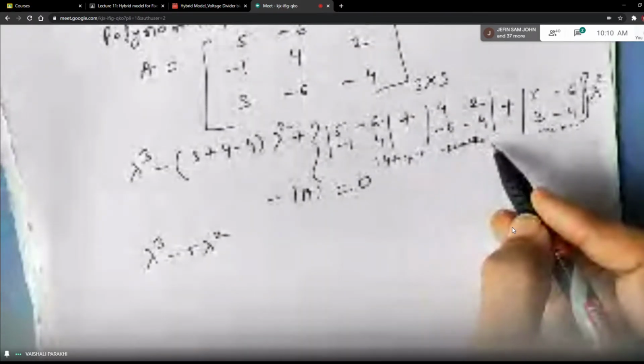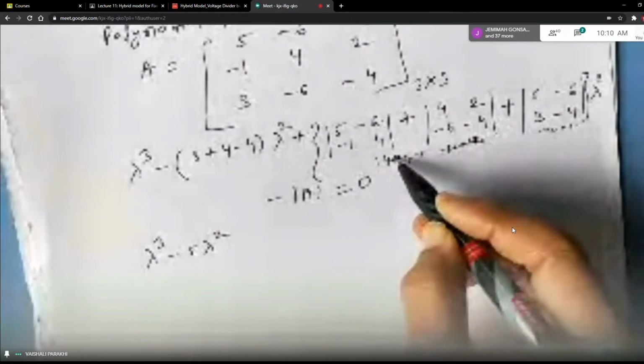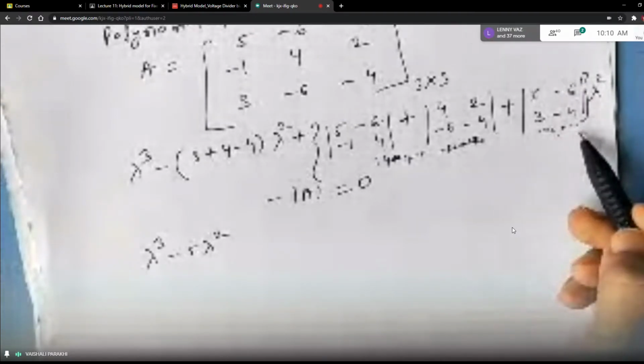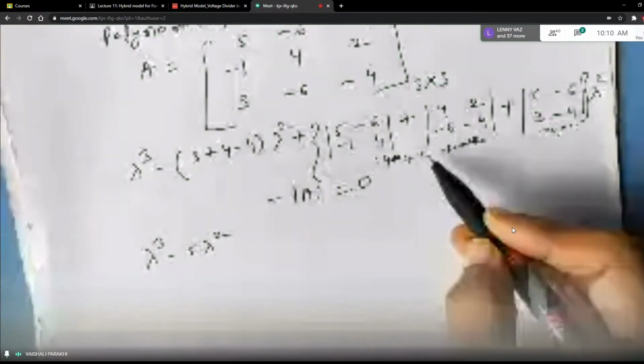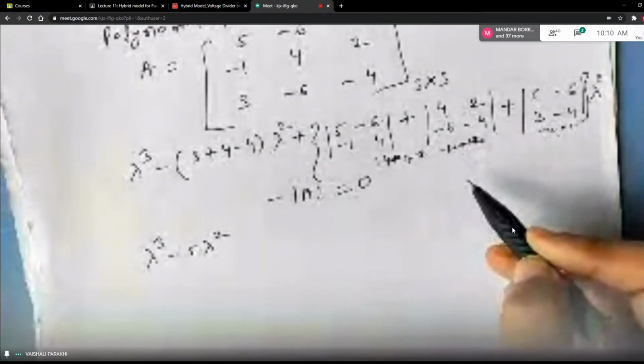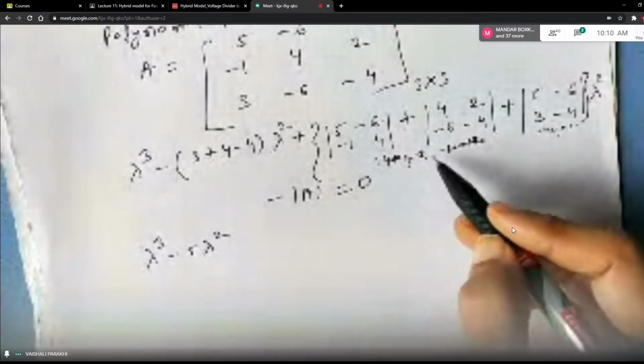This is minus 4 and this is minus 20 plus 18. So this is minus 2. Correct, no? So it is 8 lambda.